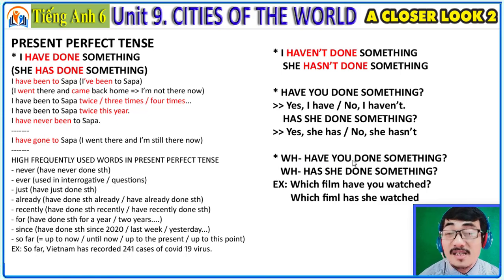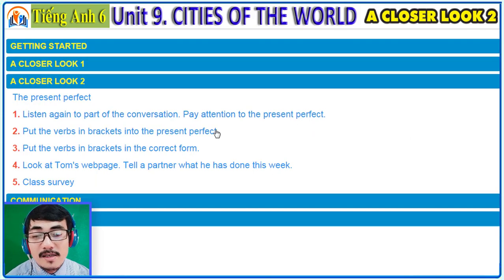Okay, have you done something? Alright, so here is an overview of the present perfect, and you can learn more about this tense somewhere on the internet. Okay, now come back to our lesson today.